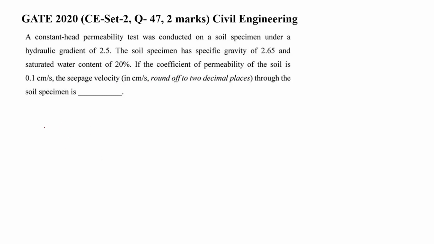Okay, let's note down the given data first. So hydraulic gradient, which is denoted by I, is given 2.5.